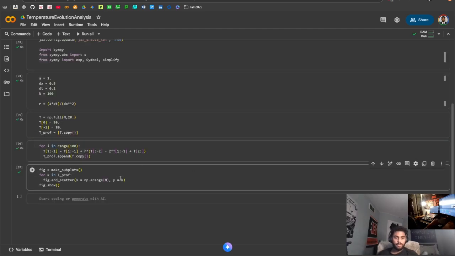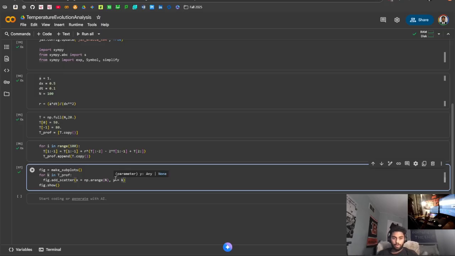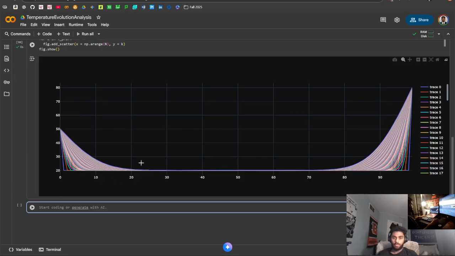Okay, slight mistake. It should not have been the T, because that means that it's trying to put that entire array. What we really want is to use that counter to allow us to pluck out each one of those arrays and put that into its own graph. So now if we do it, there we go. We see that the temperature starts propagating with time.